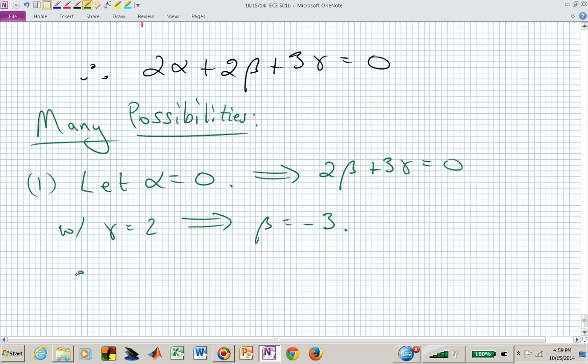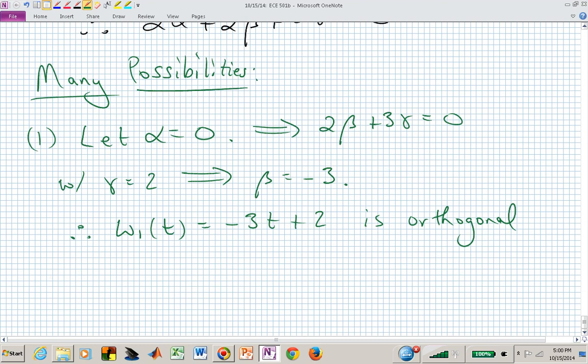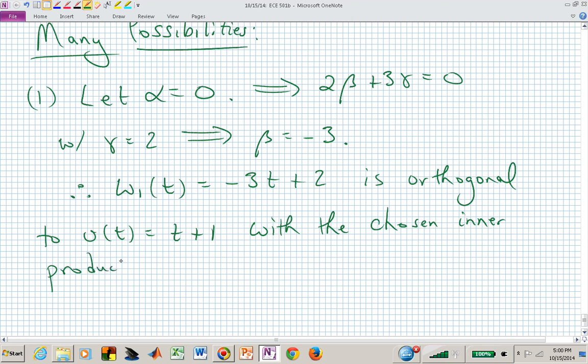Or we now have, let's say, a w sub 1 of t of beta t plus gamma, and that's going to be orthogonal to v of t equal to t plus 1 with the chosen inner product.